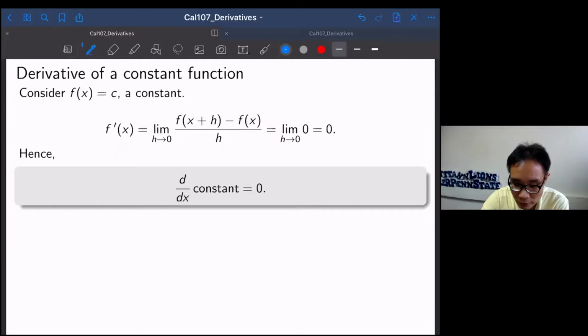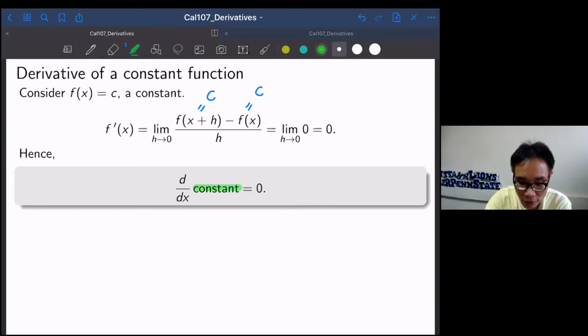This guy is a constant, so f(x plus h) is c, and f(x) equal to c. So you get the limit as h goes to 0 of c minus c, and c minus c is 0. So this is the limit as h goes to 0 of 0, so it turns out to be 0.